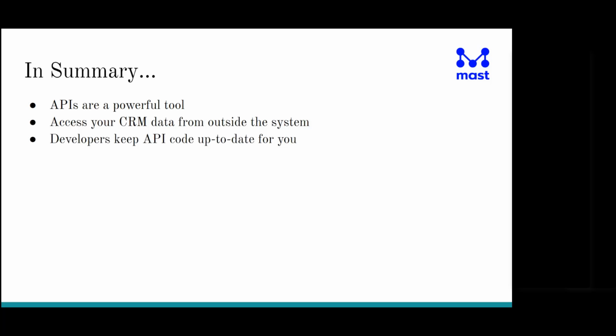The developers of the API keep that API code up to date for you, so you don't have to worry about all of the application logic that goes in behind it. If something changes in the main system, you don't have to worry about that as long as you're not using a deprecated function within that API. It is a way for you to incorporate your business logic into your integrations.